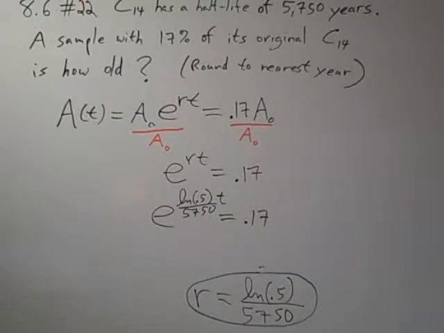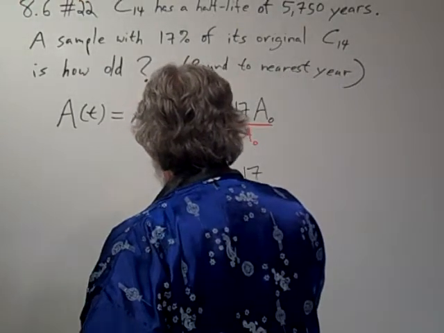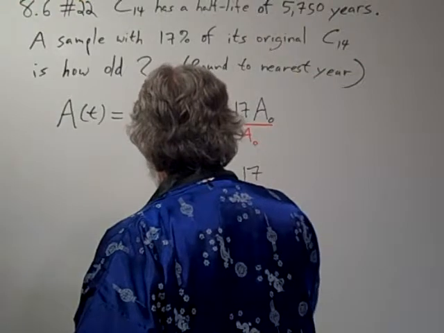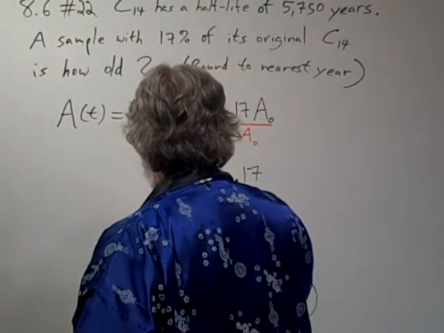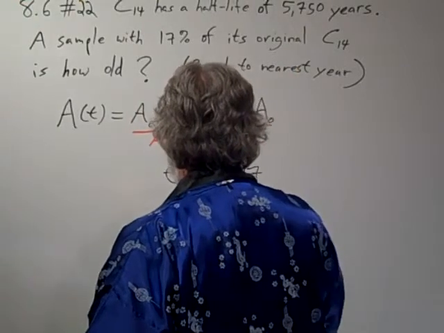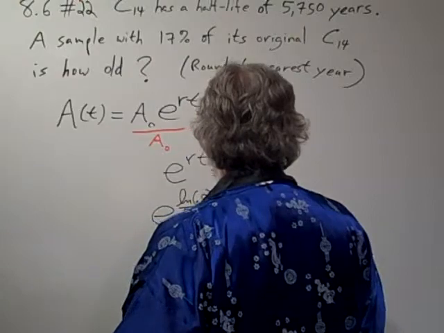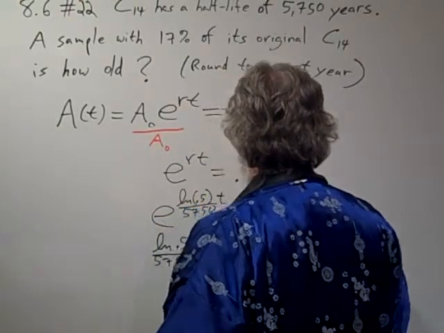So now, if we take the natural log of both sides, or write this in logarithmic form either way, the natural log of e to any power is the power. So we end up with the natural log of 0.5 divided by 5,750 times t is equal to the natural log of 0.17.